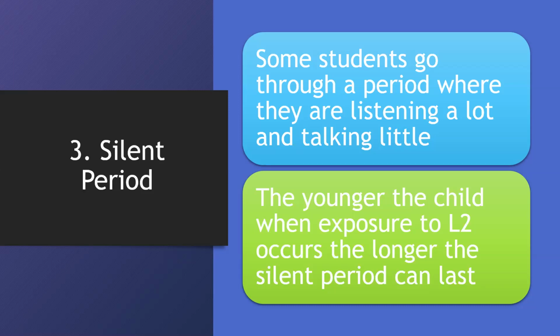The green box there says the younger the child when exposure to language 2 occurs, the longer the silent period can last. I would really encourage you to be cautious about that. You don't want to miss a potential language disorder or developmental language disorder because you have a child who is acquiring more than one language.